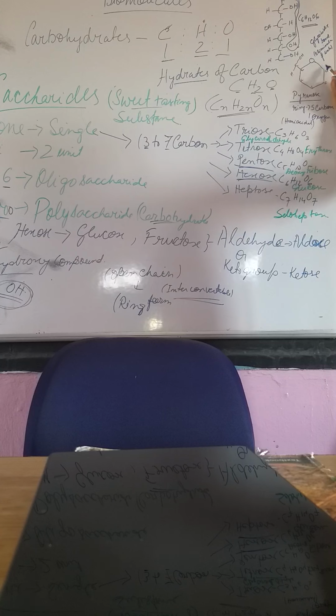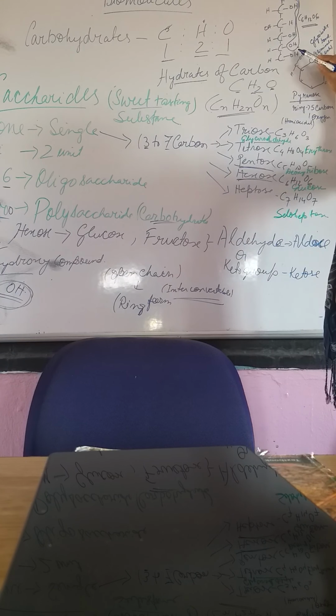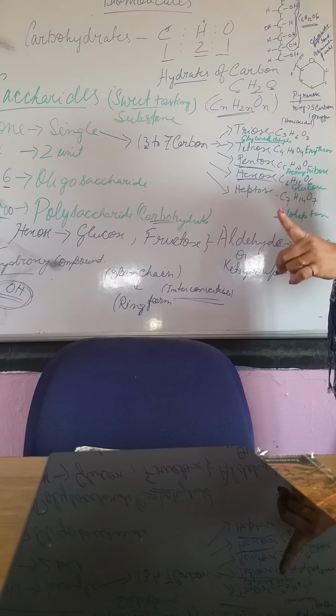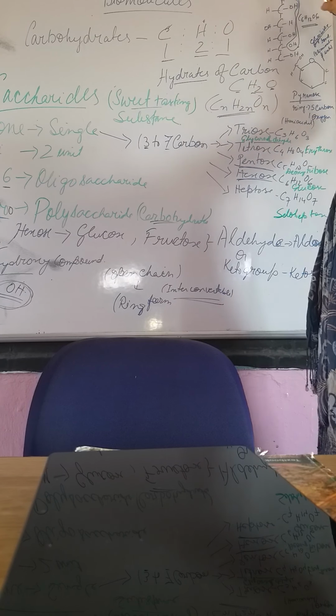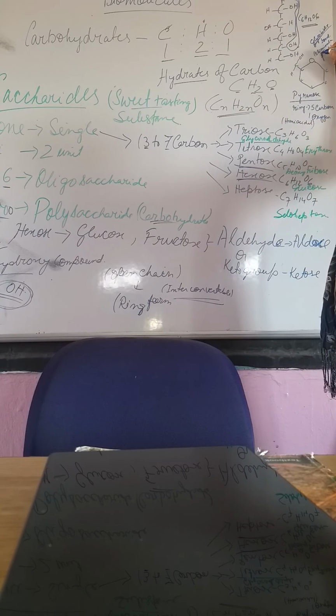The bond is formed between an aldehyde and a hydroxy group. This type of bond is known as a glycosidic bond, generally formed between an aldehyde and a hydroxy group with the elimination of water.